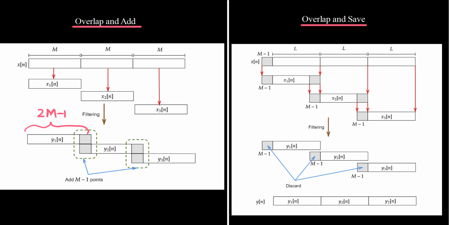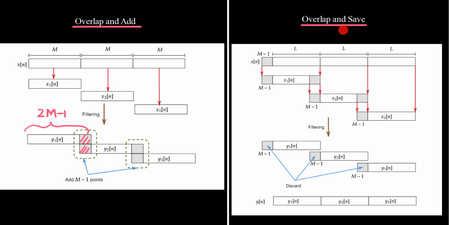We observe that the last m minus 1 points of the previous block as well as the first m minus 1 points of the current block are incomplete and need to be added so that we obtain the final values. So we simply add them in order to get the final value.